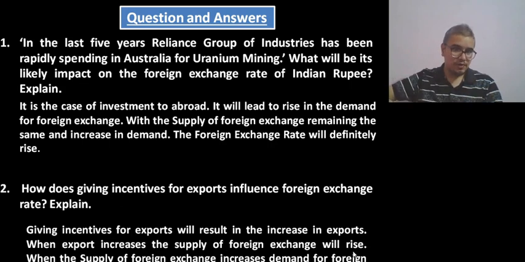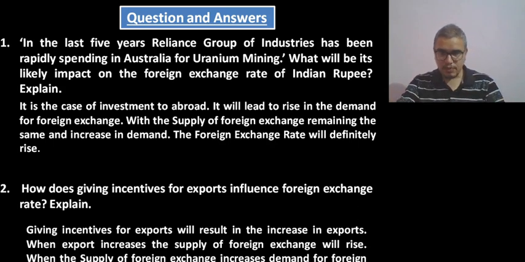And when the supply of foreign exchange rises, demand for foreign exchange keeping the same, here also we see that there will be excess supply of foreign exchange in the market.